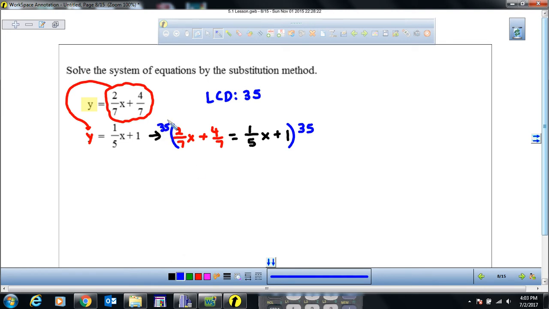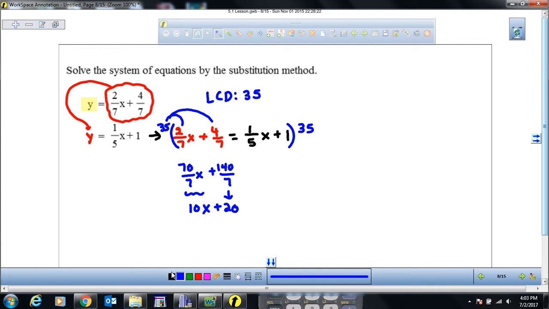So right here, 35 times 2 is 70, over 7, x. 70 over 7 gives me 10x. Now, 35 times 4 is 140. 140 divided by 7 is going to be 20.